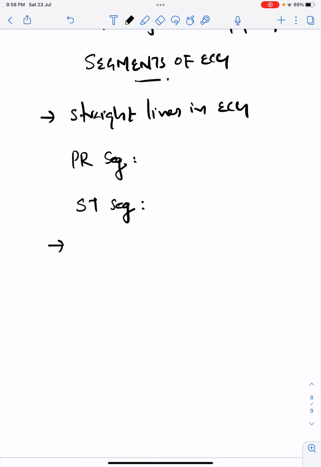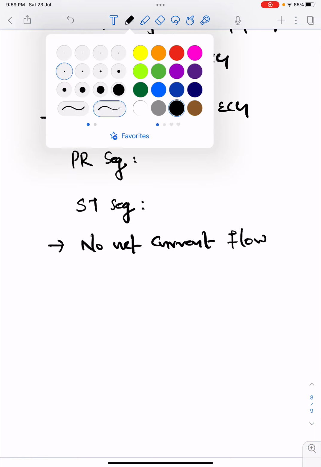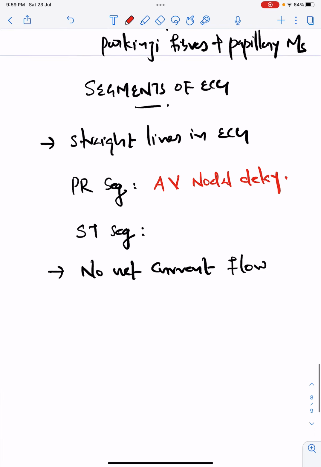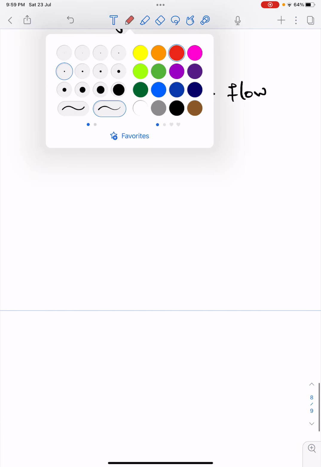During the segment there is no net current flow, and the PR segment represents AV nodal delay. Okay, it is a delay caused by the AV node. That's about the segments of ECG.